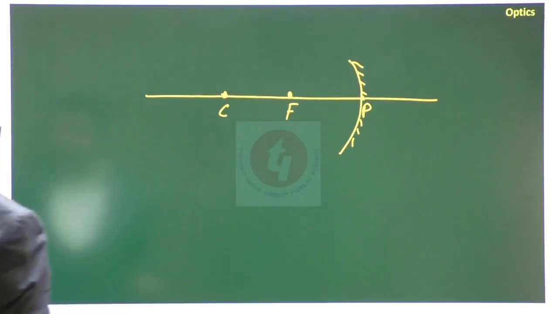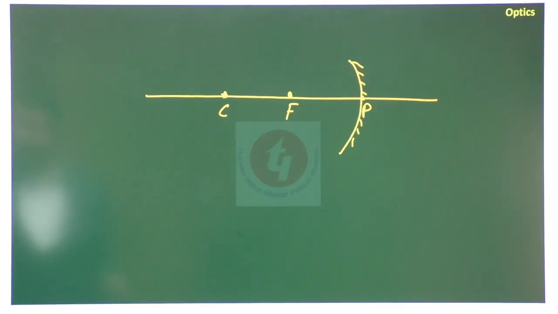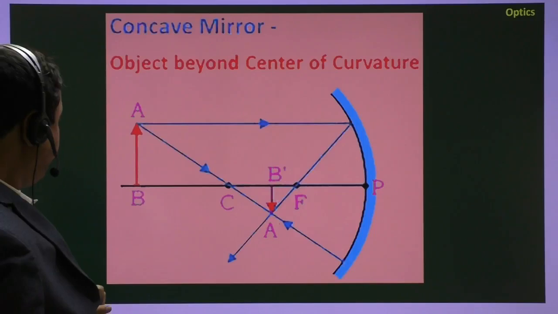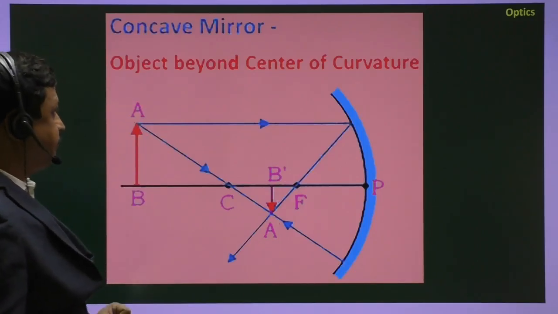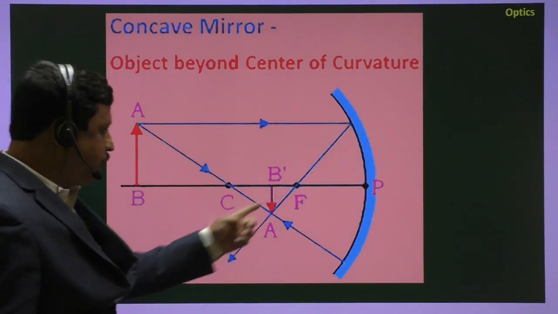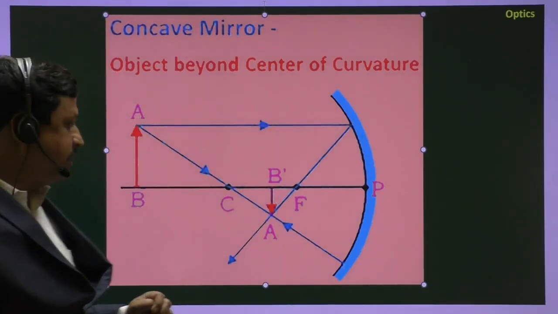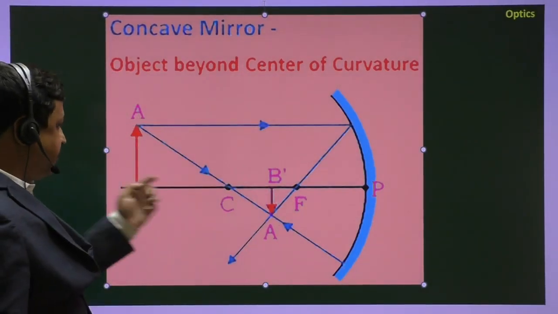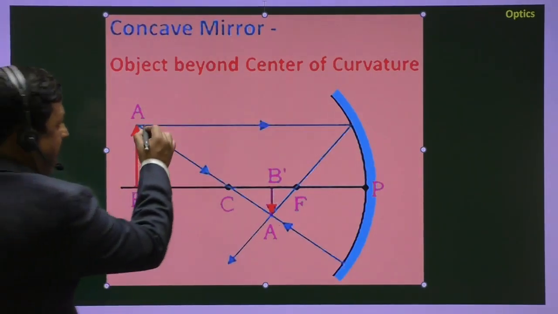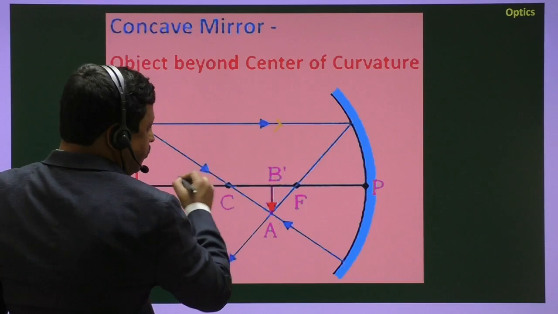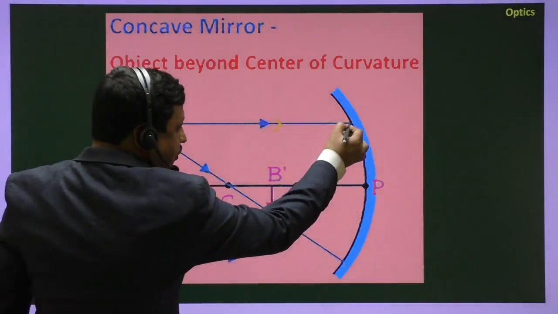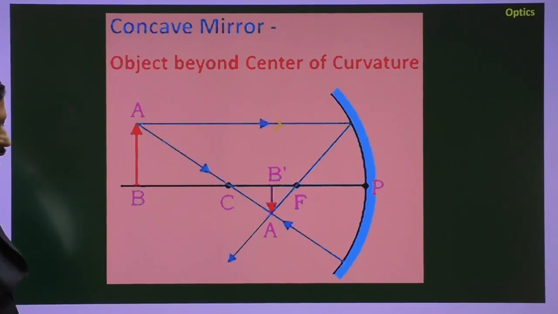So first thing, number one, if an object is placed beyond the center of curvature, first you have to draw a ray parallel to the principal axis. Obviously it will move through the focus point, right?